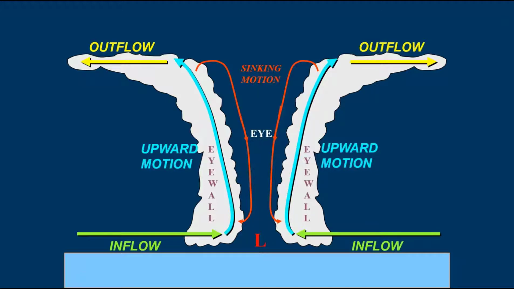Now, once the air starts to sink back down to the surface, it will start lowering the pressure. The more intense the hurricane, the more intense this cycle will be, thus a much lower central pressure will develop. Winds are used to determine strength with the Saffir-Simpson hurricane wind scale, and a lot of times hurricane central pressure will tell us just how strong a hurricane is and if it's getting stronger or weaker.